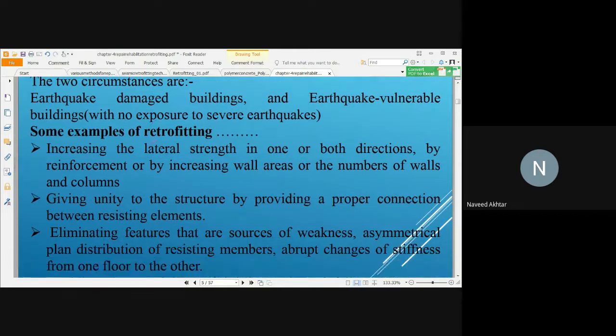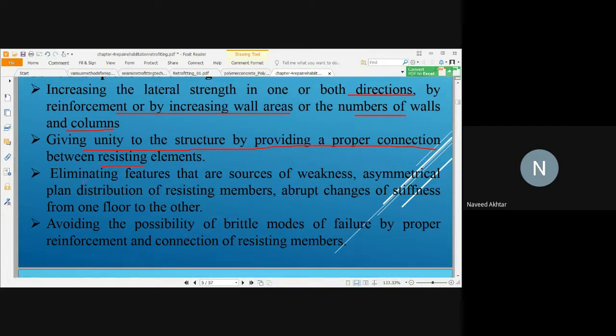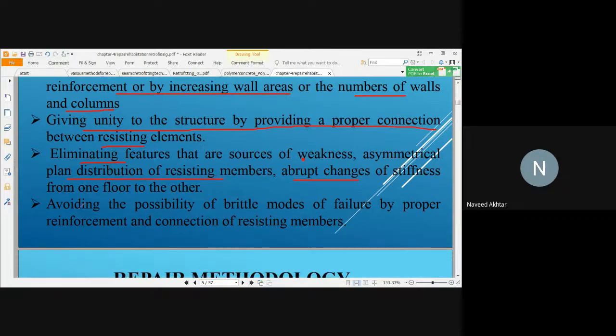Some examples are increasing the lateral strength in one or both directions by reinforcing, by increasing the wall areas or number of walls and columns, or providing shear walls, giving unity to the structure by providing proper connection between the resisting elements, and eliminating the features that are a source of weakness of the structure, such as asymmetrical plan distribution of resisting members and abrupt changes of stiffness from one floor to another.